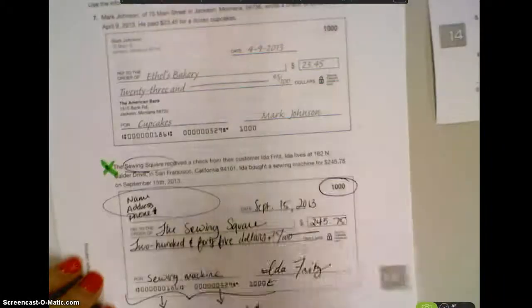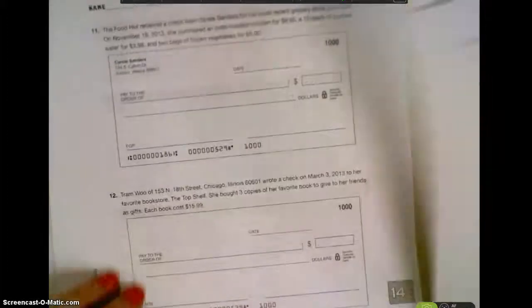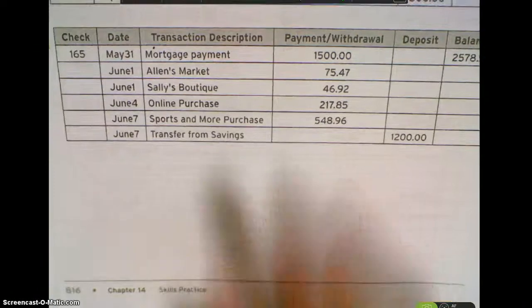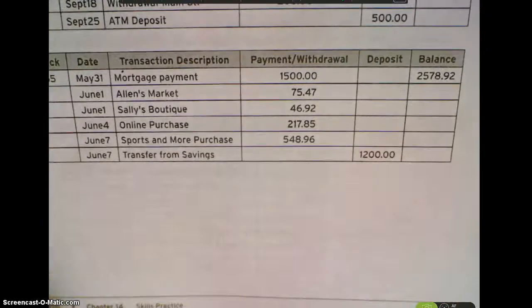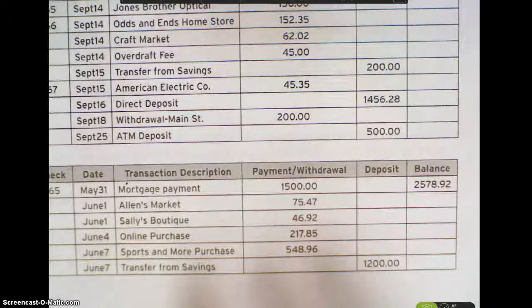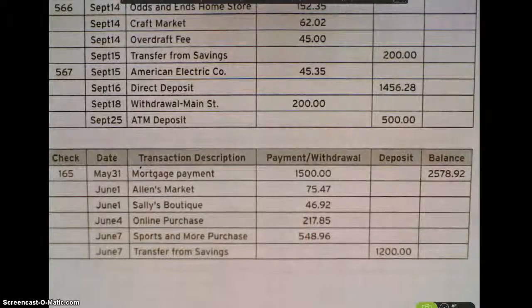So now we're going to move on and we are going to look at a bank statement. We're going to look at each account and determine the final balance. Okay, so I'm going to use this down here.